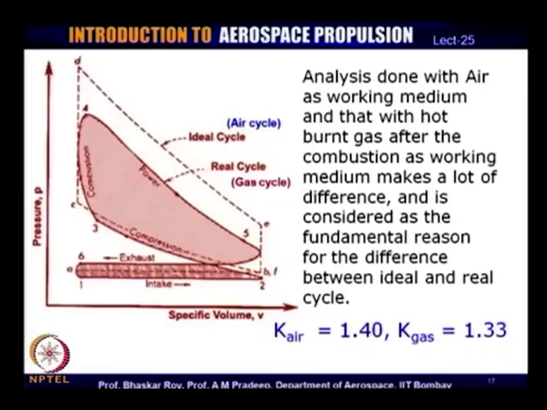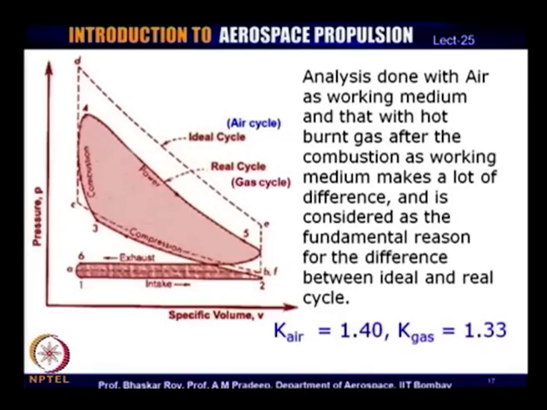So, this difference is mainly due to the fact that you do not have air. As we know, and we can quote the numbers now, for air the specific heat ratio given by K, in some books given as gamma, is of the order of 1.4, whereas for the gas it is 1.33.